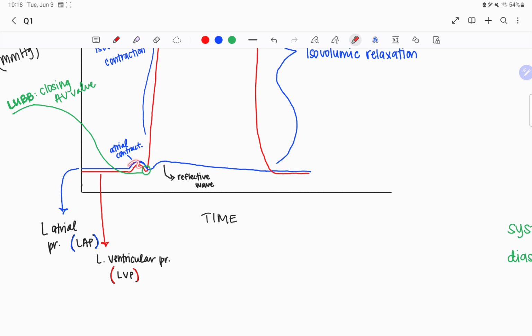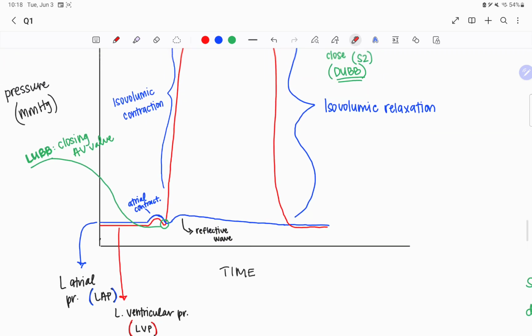Okay, and then right here is this little blip that you see, and that's where your atrium contracts, atrial contraction. Okay, and then what happens is once that contracts, it fills up the ventricle all the way.